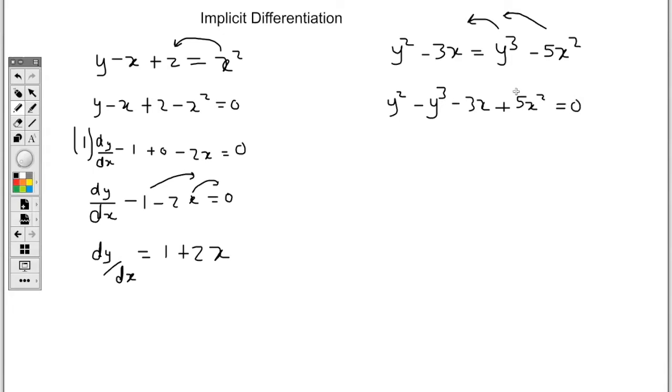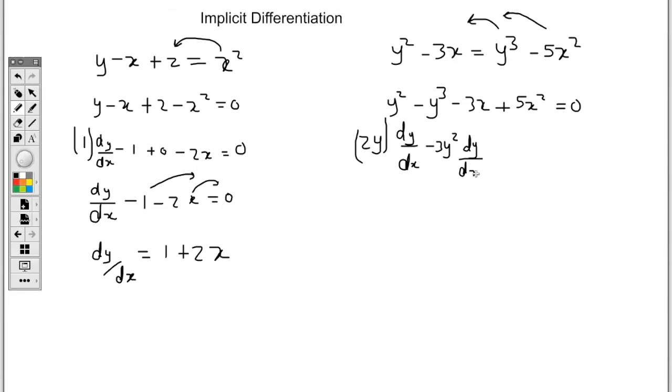Now, once again, differentiating a y variable with respect to x, I will have to differentiate y squared to get 2y, but I attach dy over dx. So it's the same scenario with minus y cubed. I differentiate this to get minus 3y squared, and then I attach dy over dx.